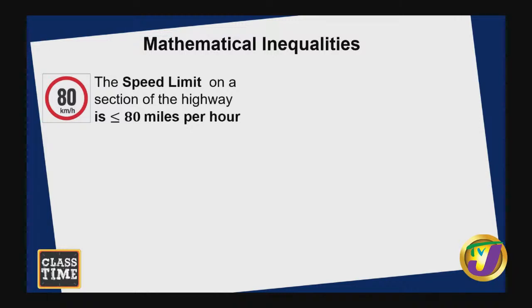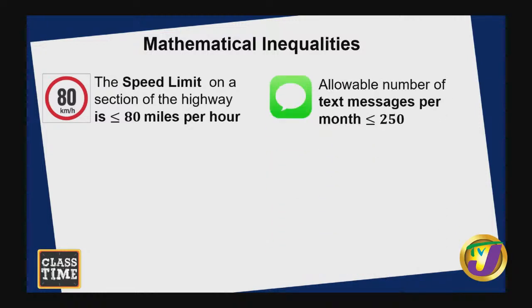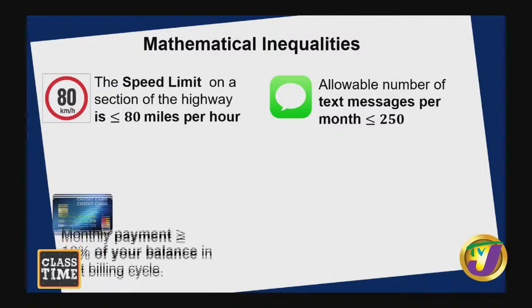When we're working with our text messaging, we are allotted a particular number of text messages per month, so the number of text messages per month is less than or equal to 250.